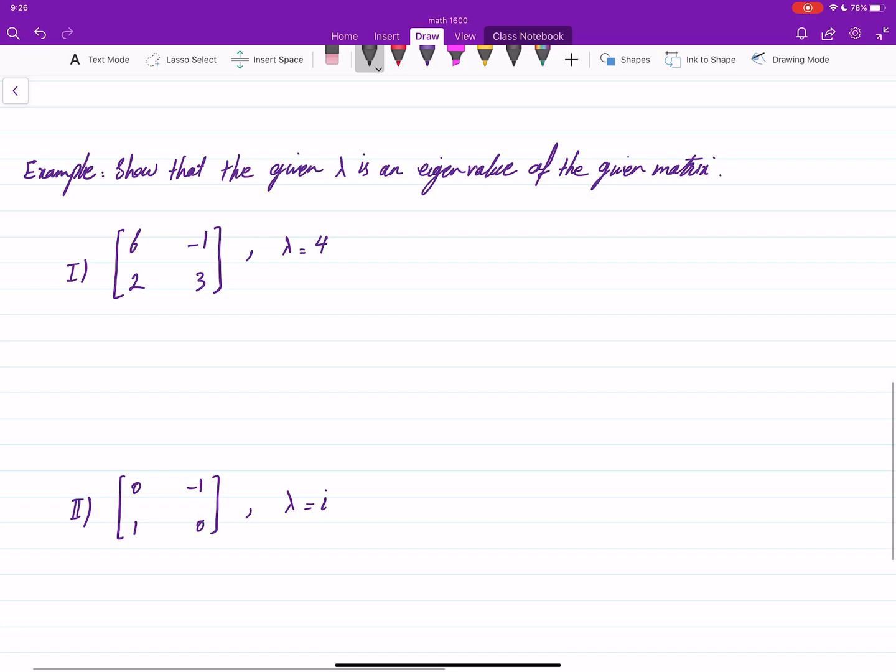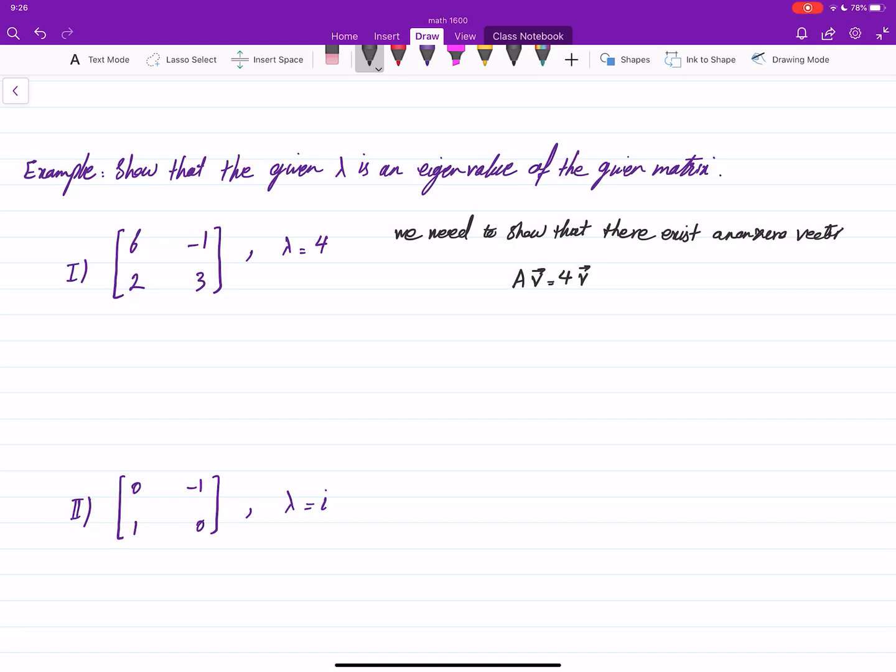We need to show that there exists a non-zero vector v such that Av is equal to 4v. Well, this is a linear equation and we are trying to find v. You would say there are two v's there.